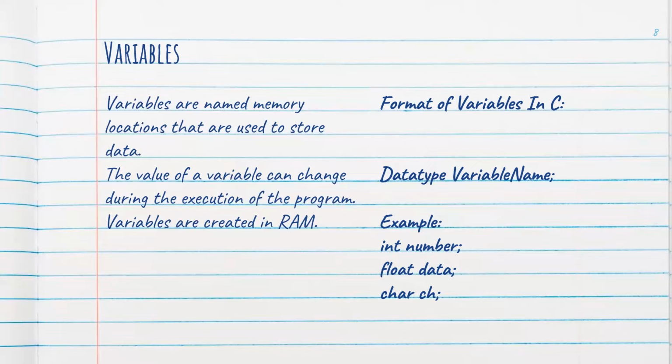So these are three variables of different data types. So whenever you have to create a variable in C language, you have to first write the data type, and after that you have to put a space, and then you have to write the name, and you have to end the statement using a semicolon.